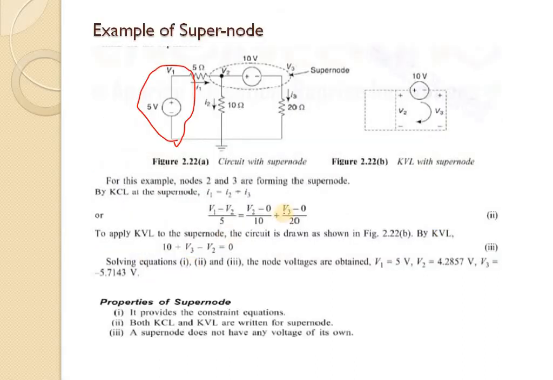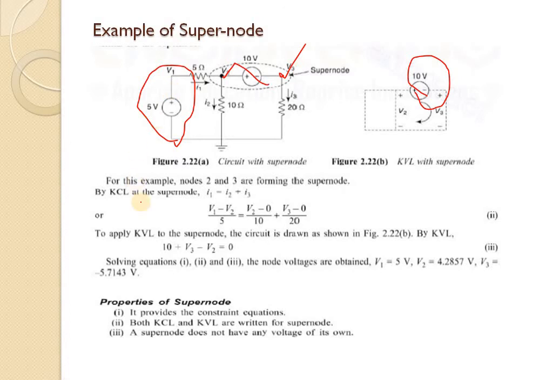So here, this is the second example, where between V2 and V3 the voltage source is taken as 10 volts. Now, for example, node 2 and node 3 are forming the supernode. This is node 2 and this is node 3. These two are forming the supernode.